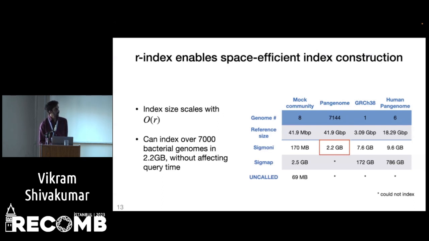And we can also look at a collection of human genomes, in this case 6 human genomes, where Sigmoni significantly outperforms other signal-based methods in their index construction. And we can also look at the scaling here, where if we add 5 extra human genomes to create a small pangenome, the scaling is very efficient, unlike other tools.